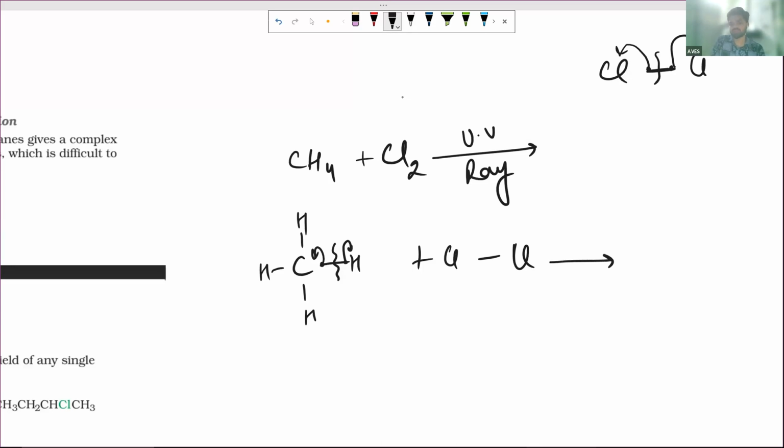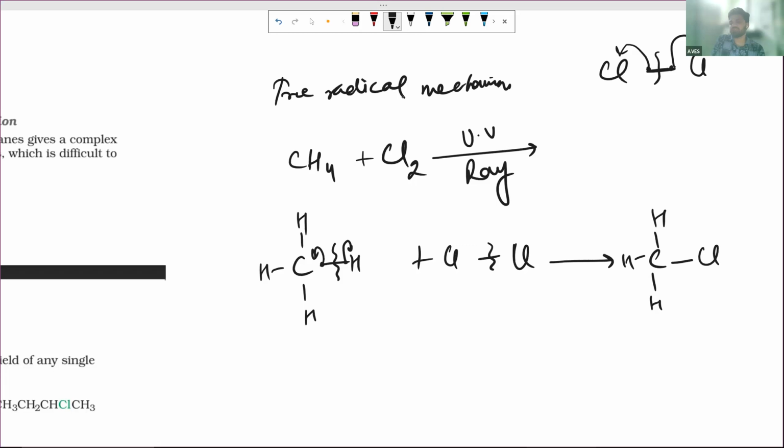Then one chlorine atom will come and make a bond with the carbon, and one hydrogen and one chlorine atom will make HCl.